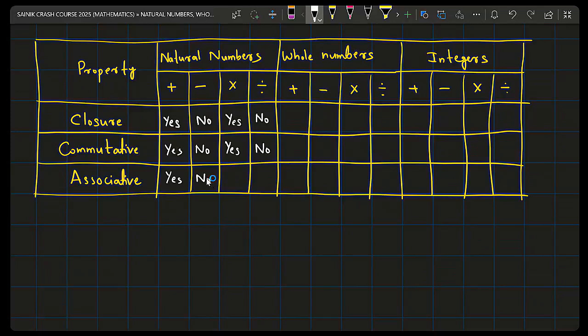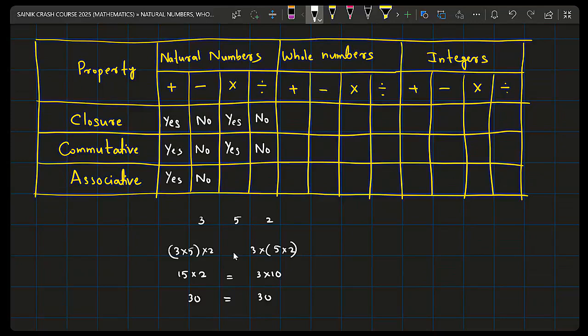Multiplication, yes, they will satisfy. For example, I'm taking 3 numbers 3, 5 and 2. First I want to multiply 3 and 5, then multiply by 2. Here first I want to multiply 5 and 2, then multiply by 3. Let's check whether we get the same answer or not. 3 5s are 15, into 2. Here 5 2s are 10, that is 3 into 10. 15 2s are 30, 3 into 10 also 30.